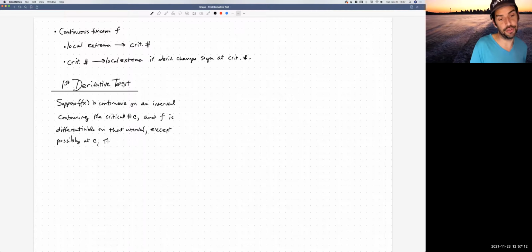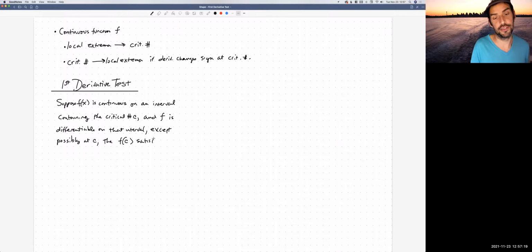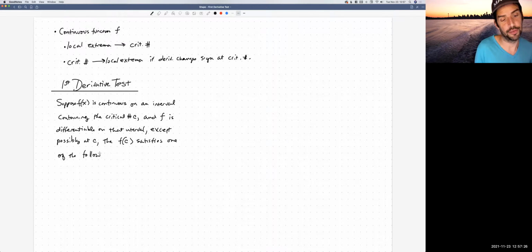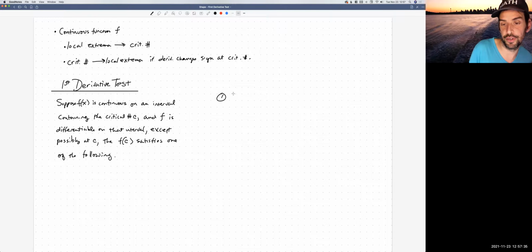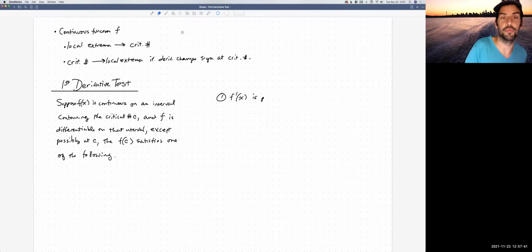If this is true, then f of c satisfies one of the following. So there are going to be three things that could happen there. So let me put them over here. One, the sign of the derivative, so we'll say, symbols make this easier.